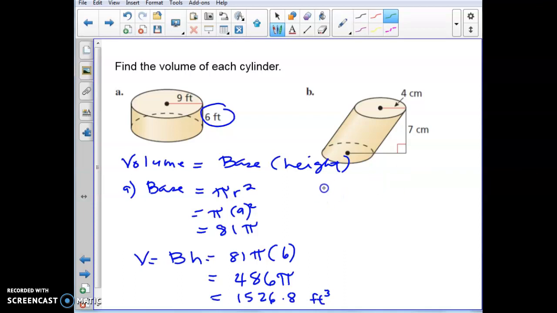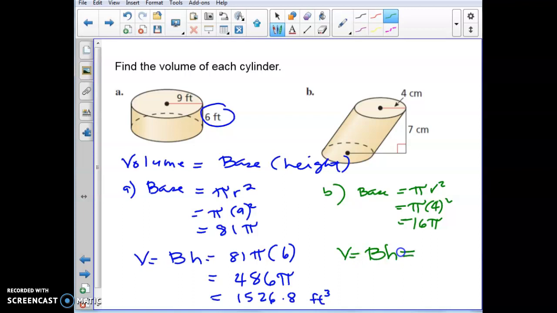Now for the second cylinder, let's find the base area by using the same formula. The radius is 4, so this will become 16 pi. So to find the volume, base area times the height of the cylinder, you get 16 pi times 7.